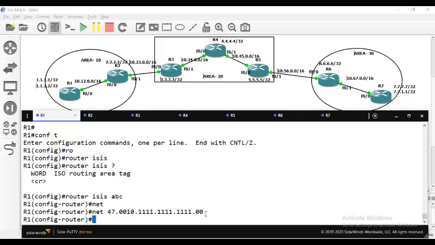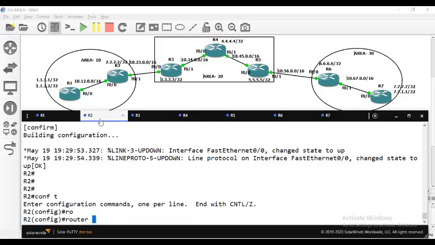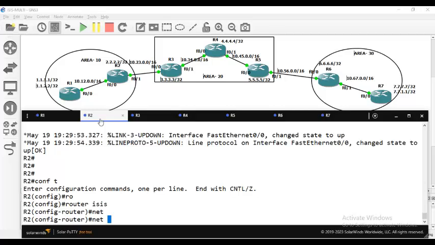Net 47.0010, that is area 10, 2222.2222.2222. The system ID should always be 6 byte. And then 1 byte of N selector. Finish. You understand? Any question?